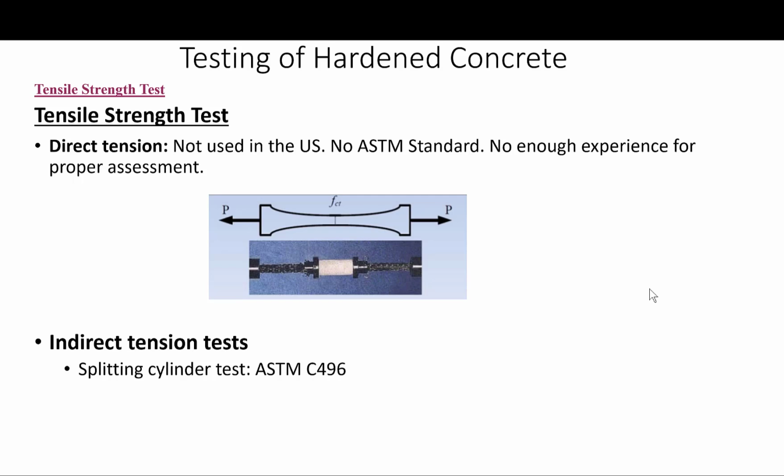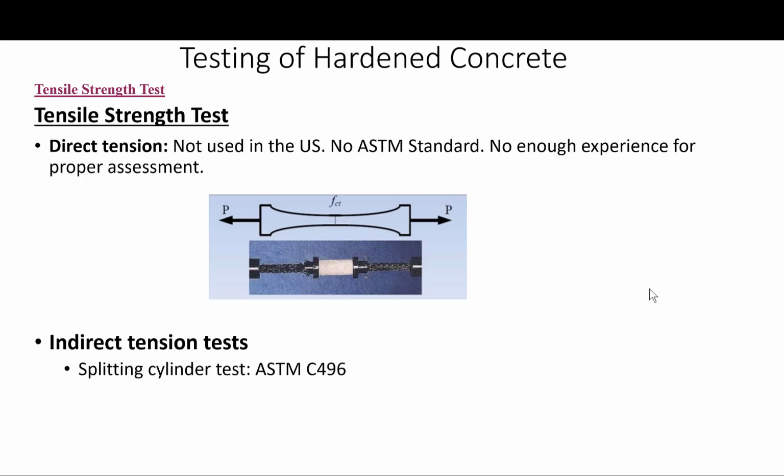But there exists a recommendation for a direct tension test for concrete by certain professional bodies. But these are primarily intended for research rather than for routine or quality control tests. As yet, there is not enough experience with this test method for a proper assessment of its usefulness to be used as a routine test.